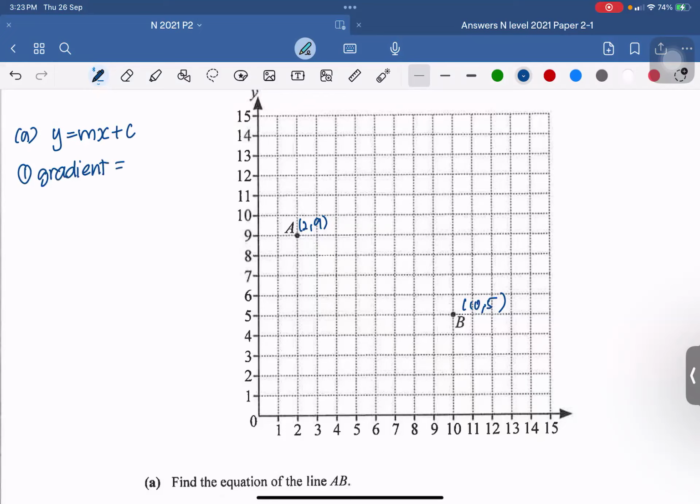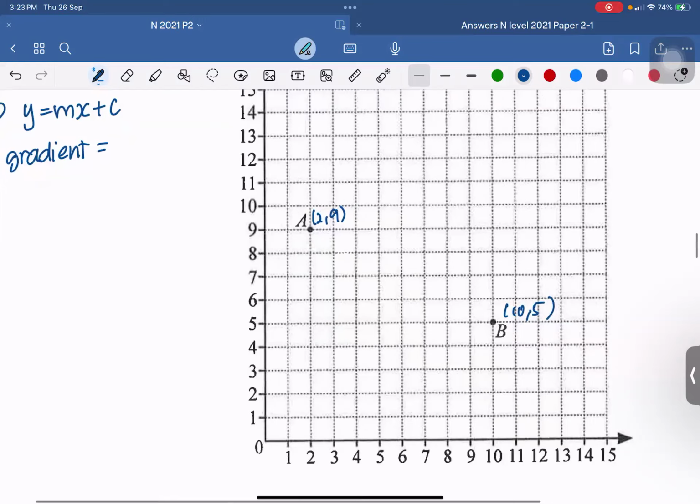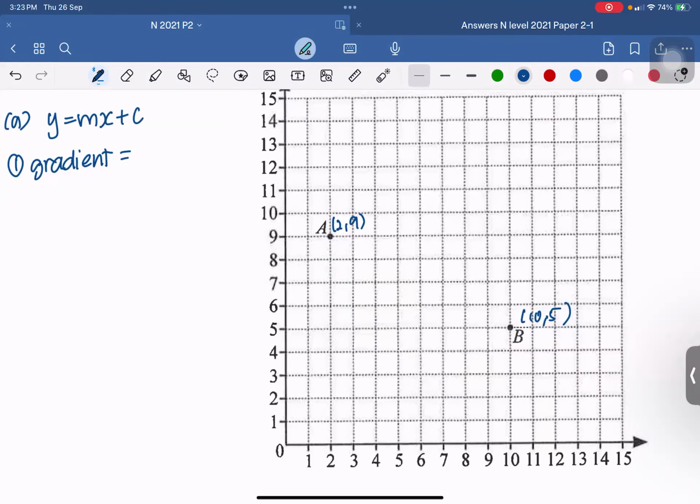Is Nelly here today? Nelly, can you help me find the gradient using the two points A and B? Which one minus which one do you choose?